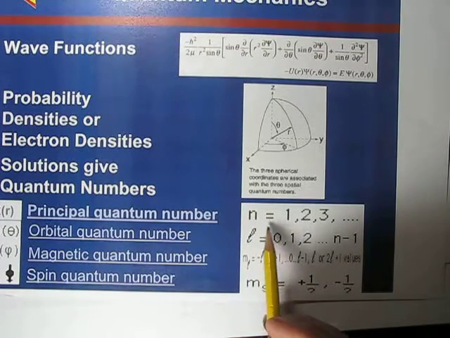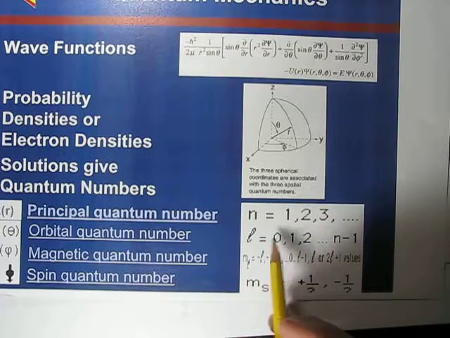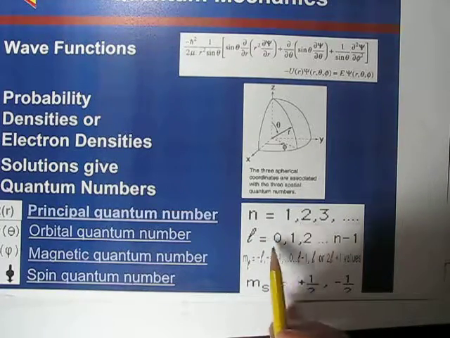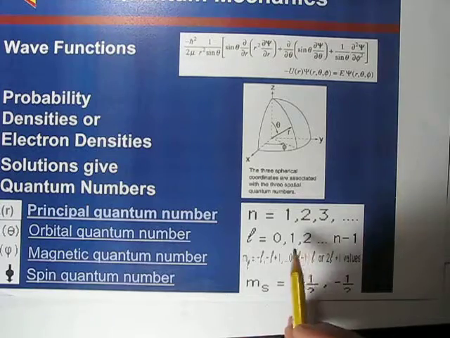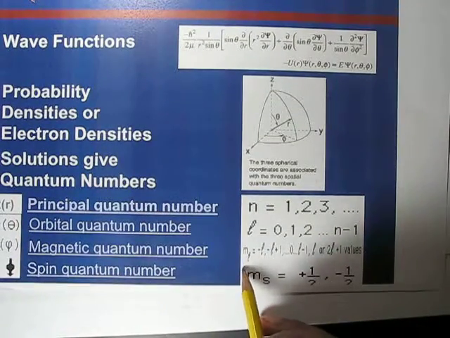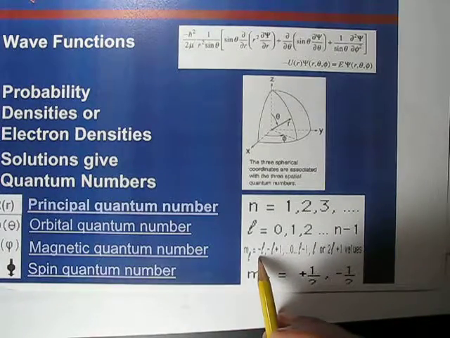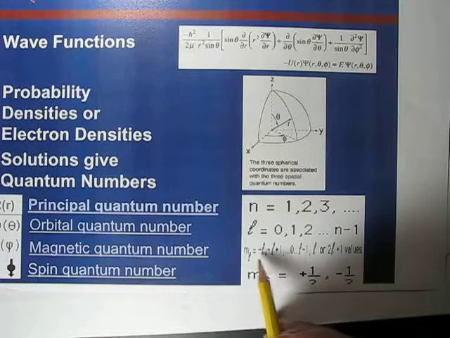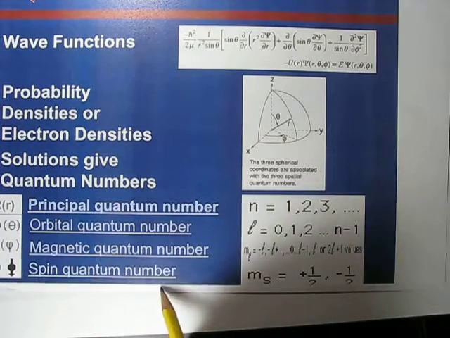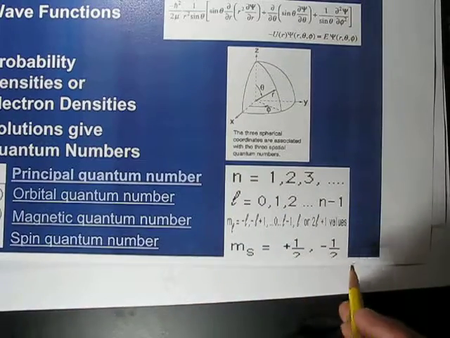So if n is 1, then l will be 0. If n is 2, then l will be 1, like that. The magnetic quantum number is represented by small m sub l, which ranges from minus l to plus l. And the spin quantum number is represented by m sub s, which is plus half and minus half.